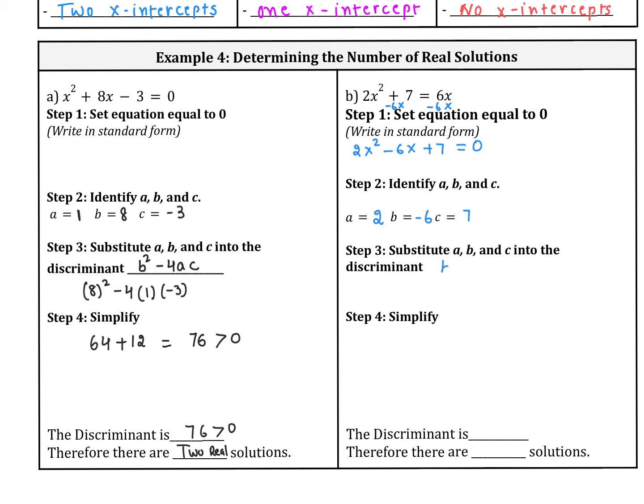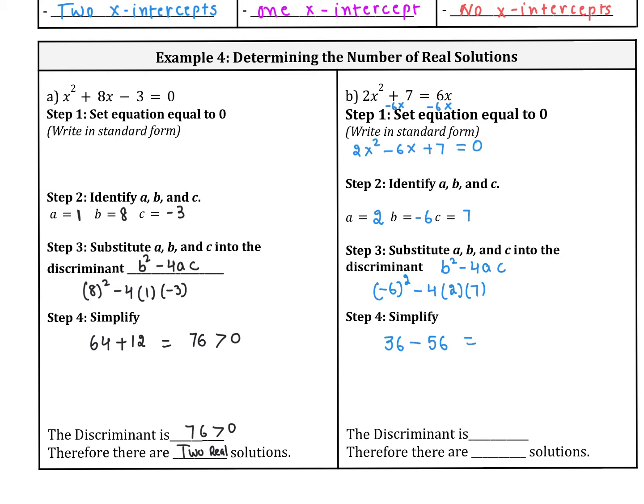Substitute into the formula b squared minus 4ac, and in this case you have negative 6 squared minus 4 times 2 times 7. Negative 6 squared is 36, minus 4 times 2 is 8, times 7 is 56.